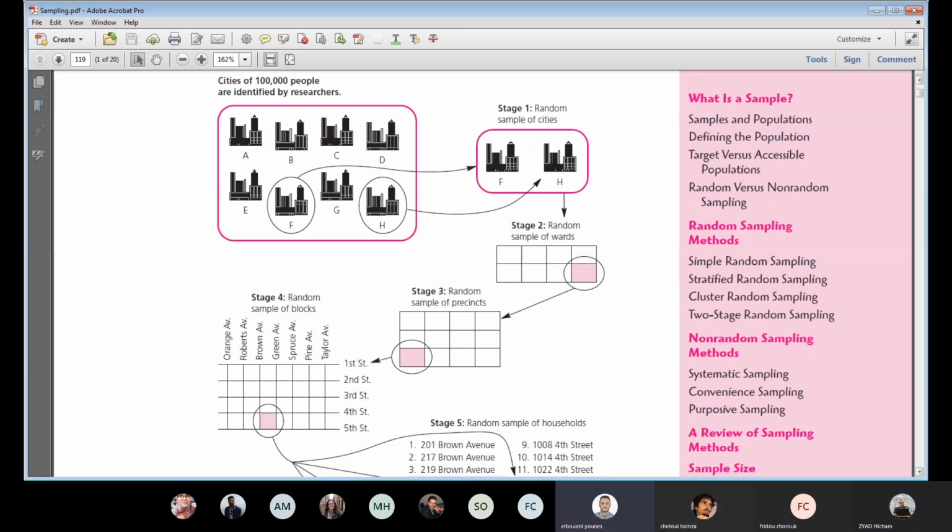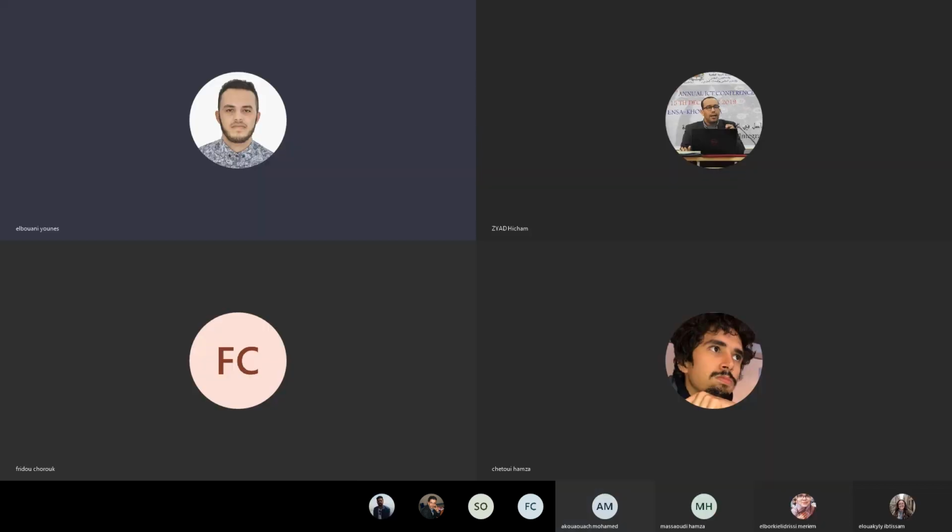This sampling method is appropriate when the population has mixed characteristics, and a researcher wants to ensure that every characteristic is proportionally represented in the sample.